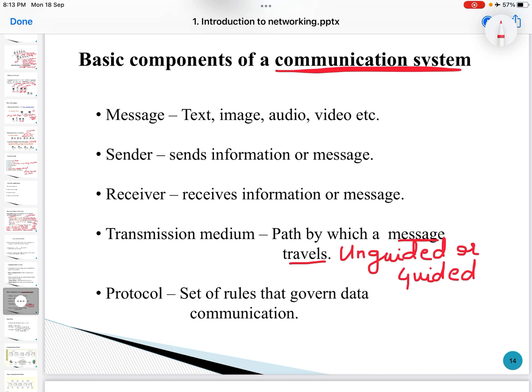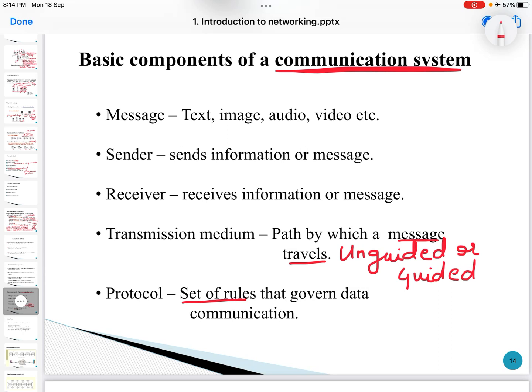Protocol, a set of rules that govern the data communication. Protocols are a set of rules which have to be followed when you are transferring the message from the sender to the receiver. The sender has transmitted the message, but we cannot assume that the receiver has received it. So there are certain rules which have to be followed while communicating between the sender and the receiver.